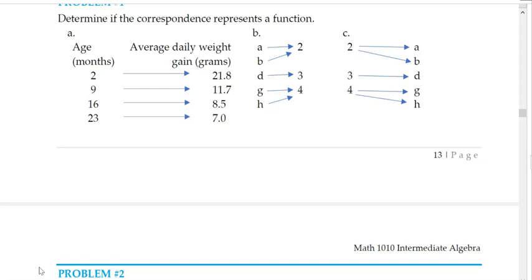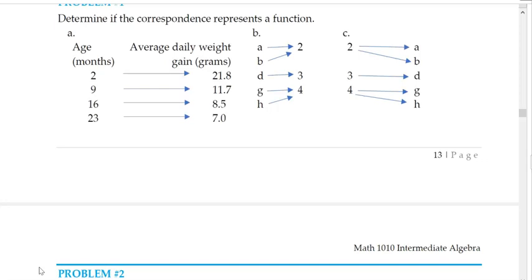So it's saying a 2-month-old on average will gain 21.8 grams. At 9 months, the average daily weight gain is 11.7, and so on. All right, so we're trying to determine if this is a function or not.